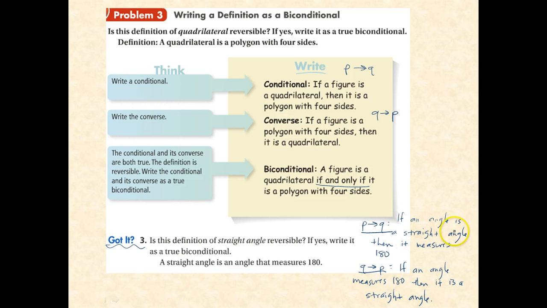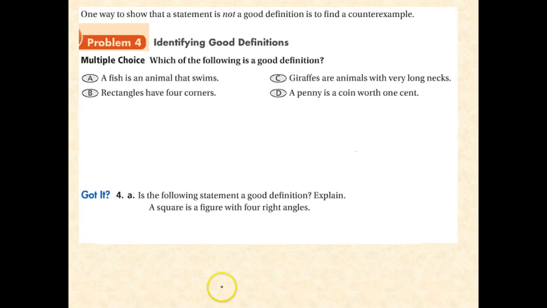If an angle is a straight angle, then it measures 180 degrees. Yep, that's true. If an angle measures 180 degrees, then it's a straight angle. Yes, that is also true. So the biconditional, P if and only if Q, would be, an angle is a straight angle if and only if it measures 180 degrees.